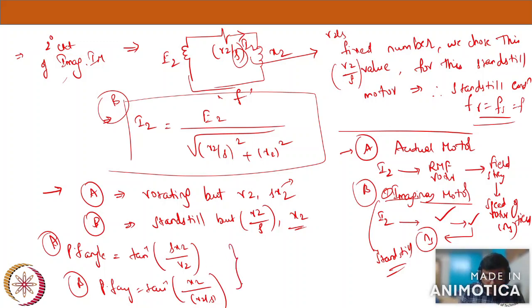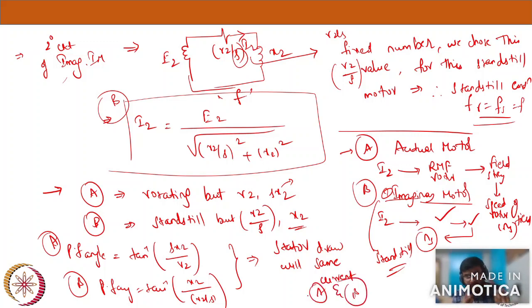Now, as we just discussed in the transformer principle, whatever current is drawn by the load, I2, my stator will be forced to draw some external component, that is I2 dash, to compensate the MMF in the secondary. In both conditions A and B, my stator side will always draw the same current. That is very important here.